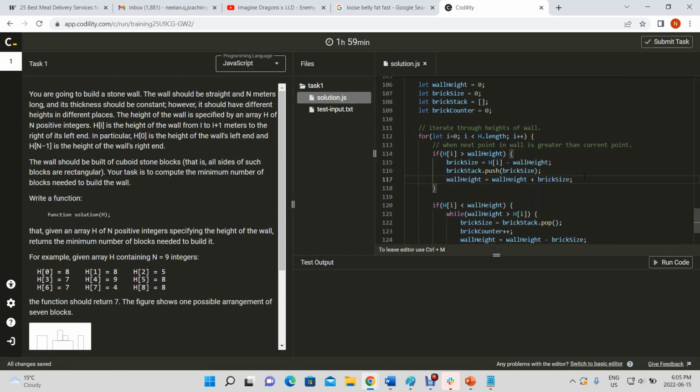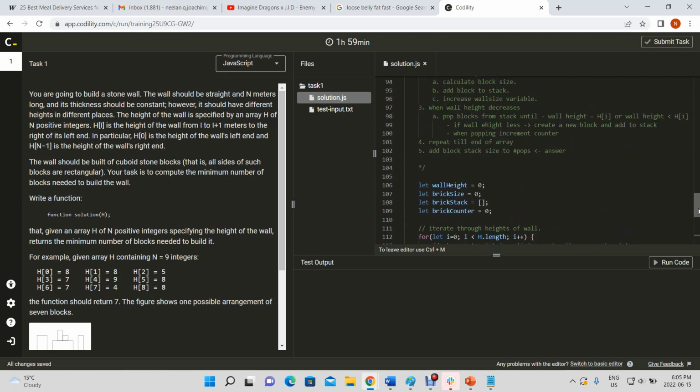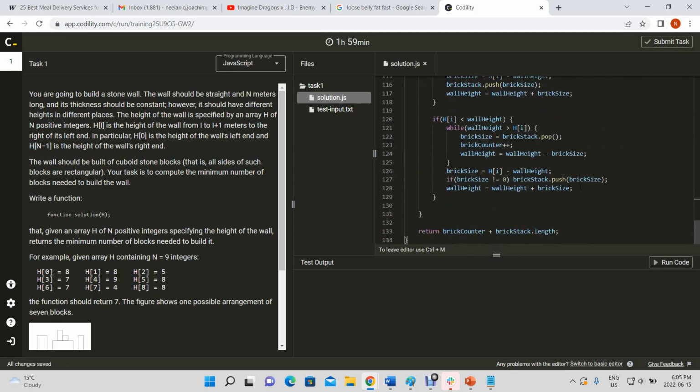See the wall height, after we push in the brick size, we increment the wall height to compensate for that. Here we created a new brick, we pushed it into the stack, but we didn't increment the wall height. So by adding this section here, increment wall height. All right, so we did that. That was the step we missed. Submit task.